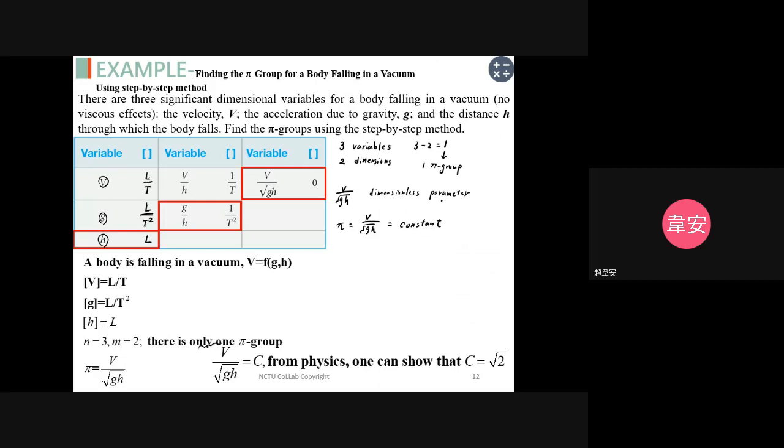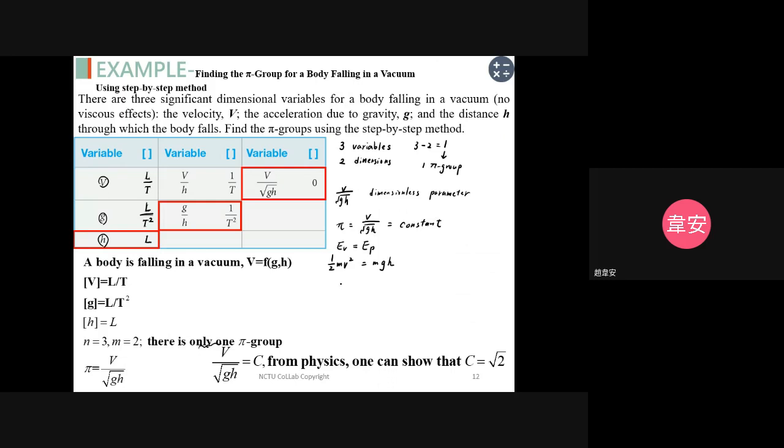Based on physical ideas, we know this problem must satisfy the energy balance: the kinetic energy needs to equal the potential energy. So one half mass v squared, the kinetic energy, equals the potential energy mgh.